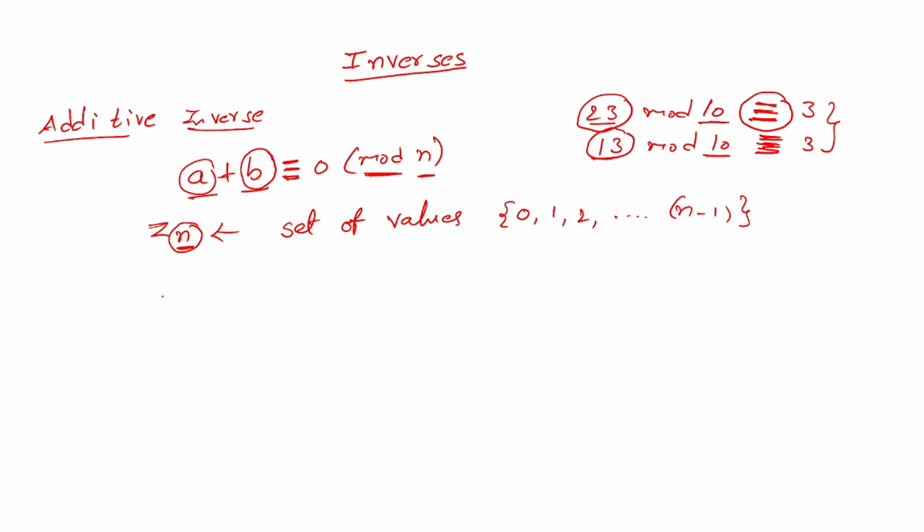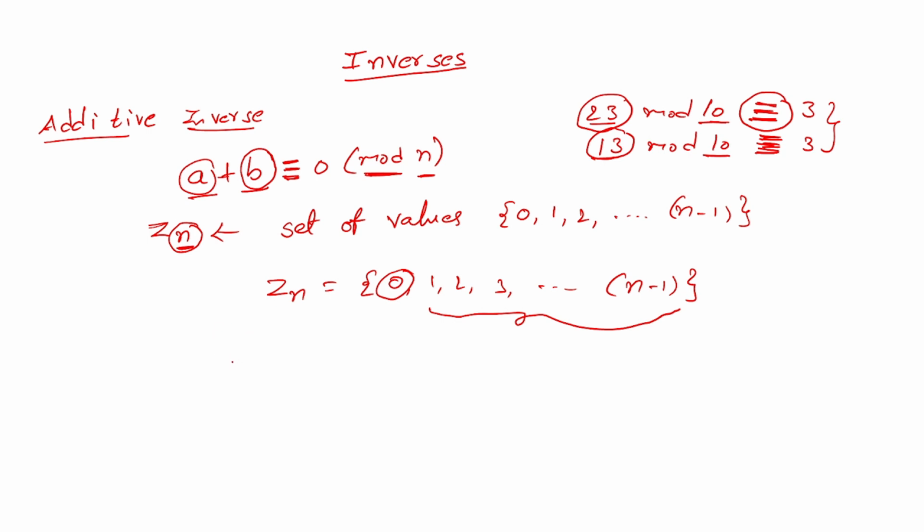In modular arithmetic, for Zn equal to 0, 1, 2, 3 and so on, up to n minus 1, in this set of values, all the values except 0 contain additive inverses.